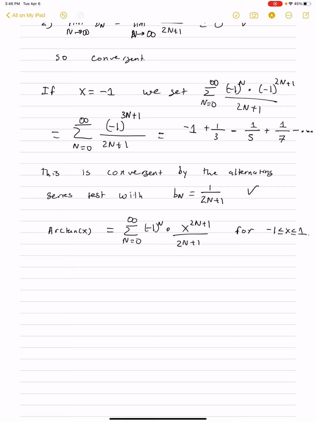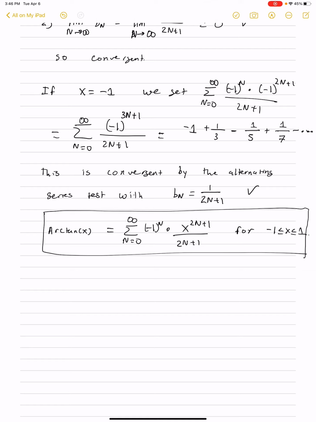Okay. So now I found a representation for a function as a sum, an infinite sum of powers of x's. One application that's going to be really nice, it's hard to integrate the arctangent of x, but I can integrate powers of x pretty easily. I can do a lot of things with powers of x's.